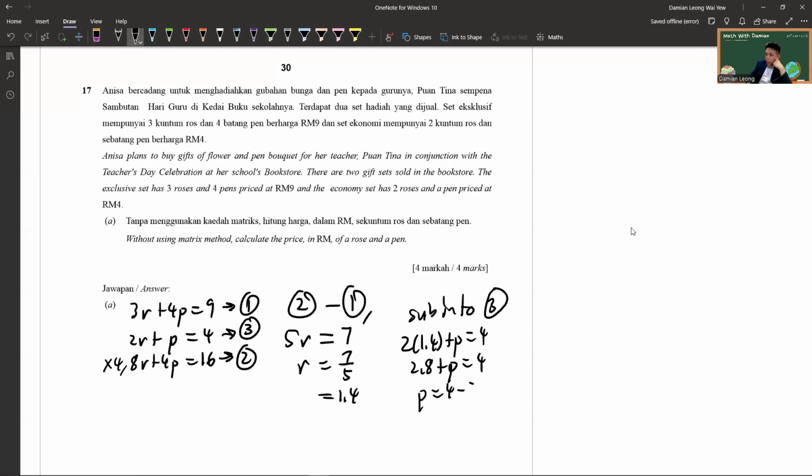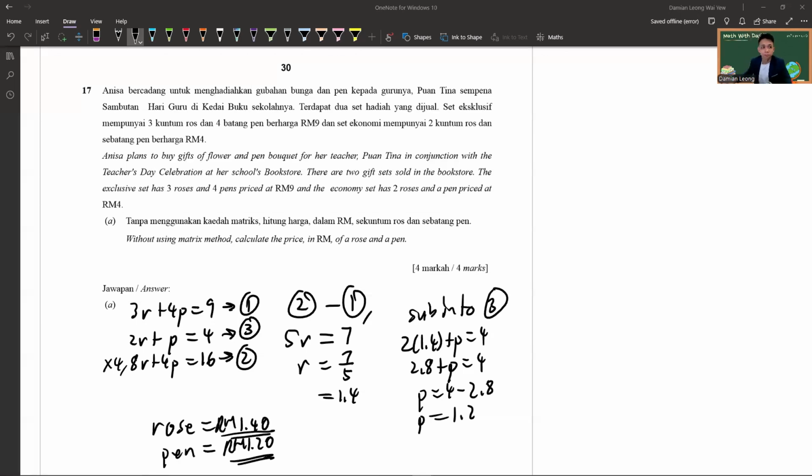P would be 4 minus 2.8, which is 1.2. Means a rose is 1 ringgit and 40 cents, and a pen is 1 ringgit and 20 cents. That's it.